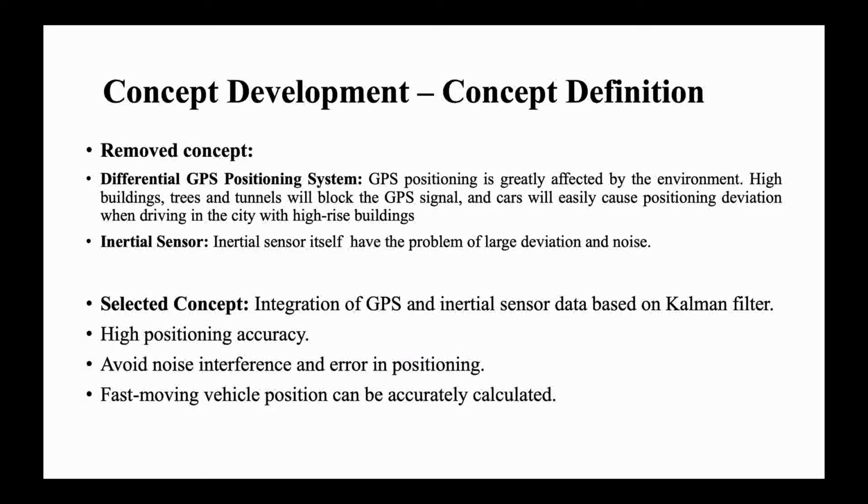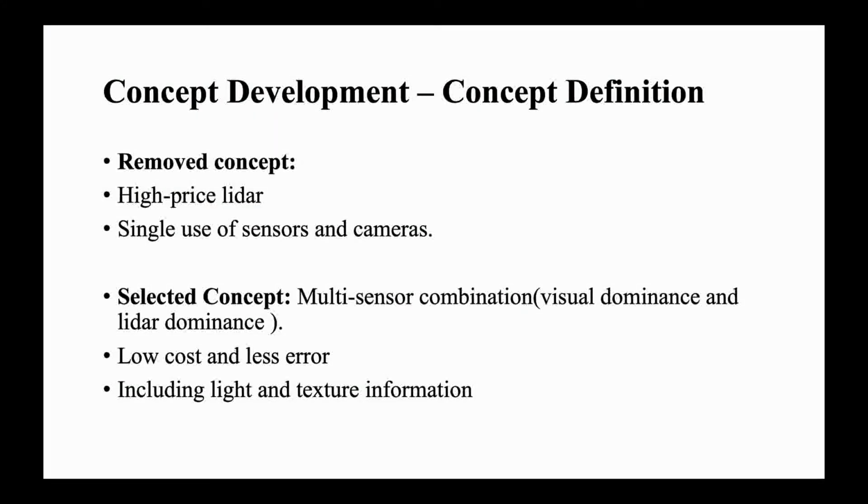So the integration of GPS and inertial sensor data based on common features will give high positioning accuracy, avoid noise interference and positioning error, and allow fast-moving vehicle positions to be calculated accurately. For a better driving experience, using only a single type of sensor or camera will lead to data errors and increase funding later, which makes it hard to bring autonomous driving to market.